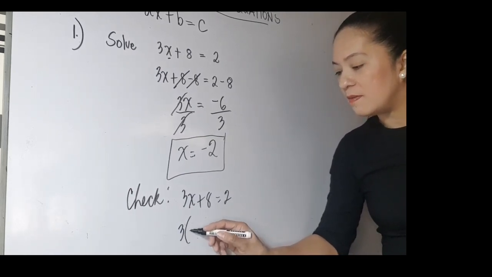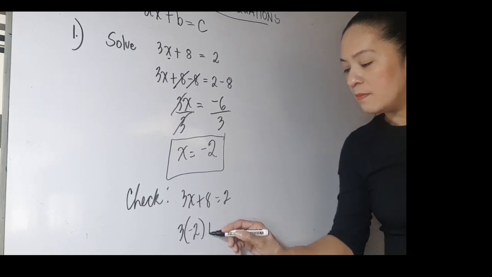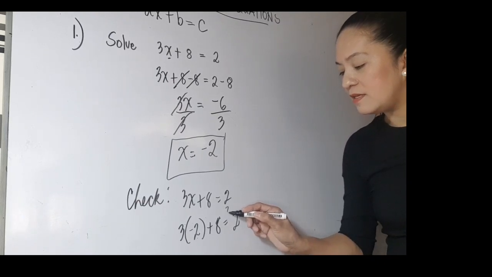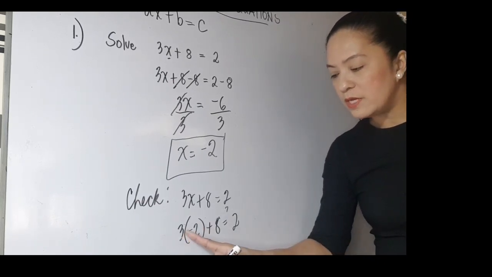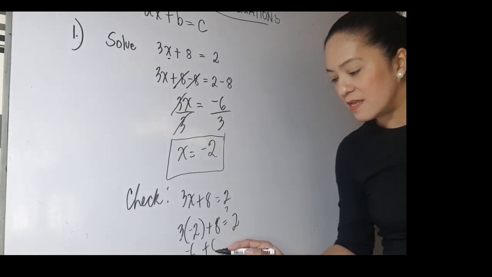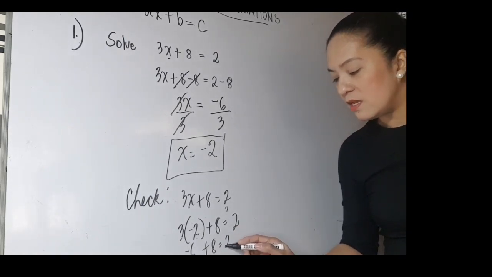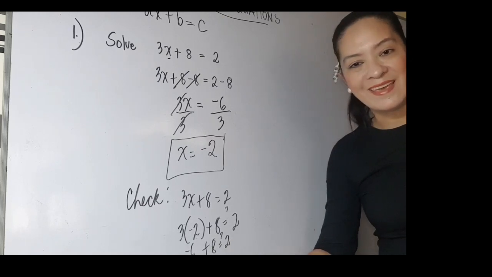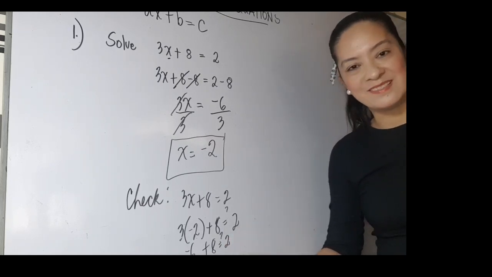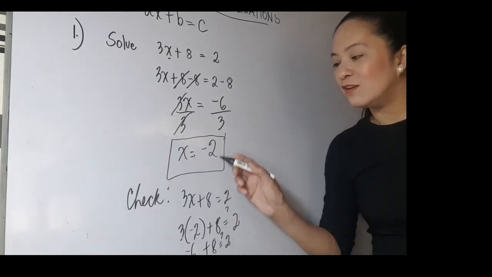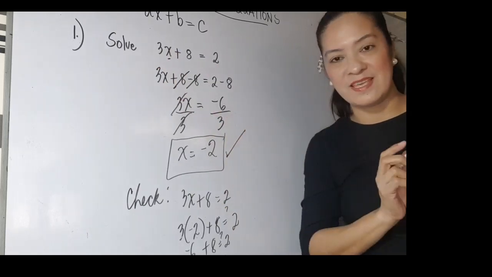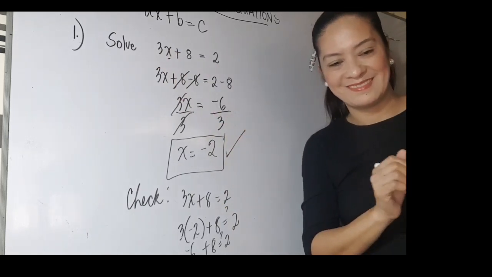So 3 times negative 2 plus 8, is it equal to 2? 3 times negative 2 is negative 6 plus 8. Okay, negative 6 plus 8 is 2. So 2 is equal to 2. So our solution or root to the first given is negative 2.